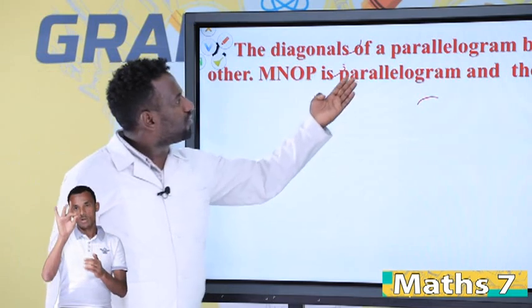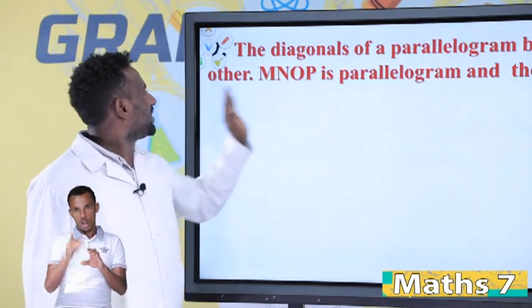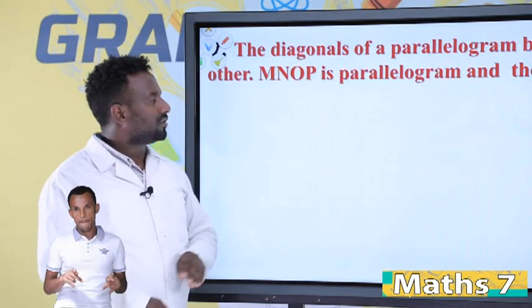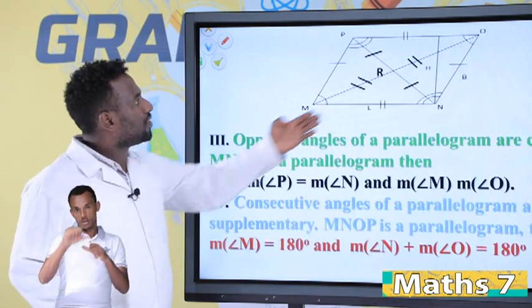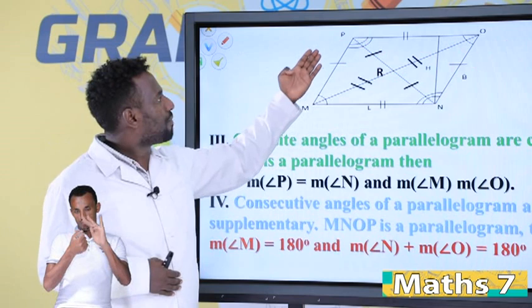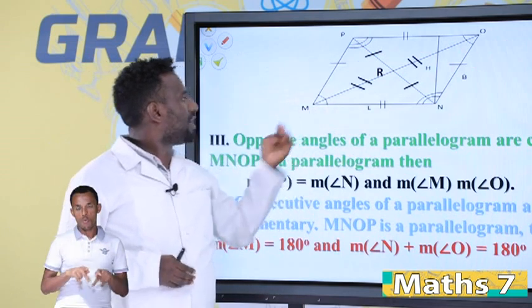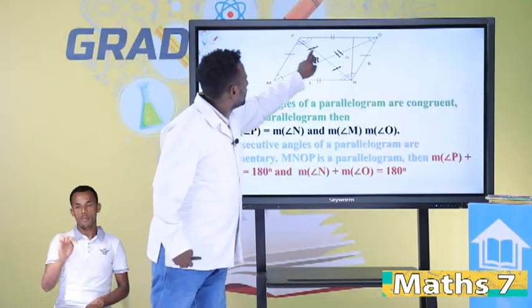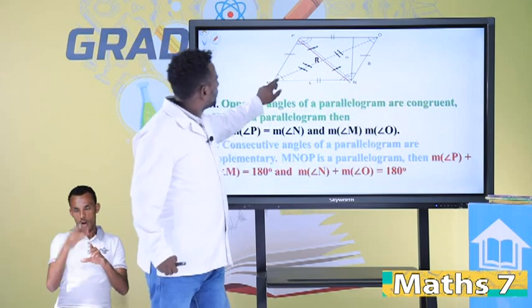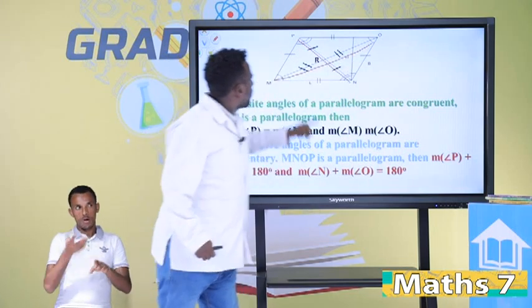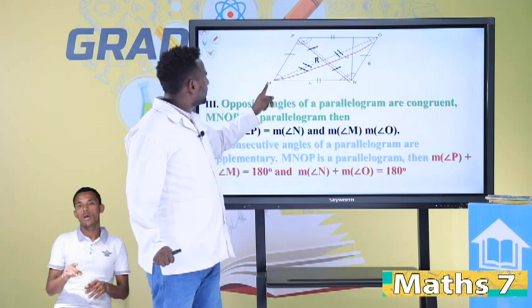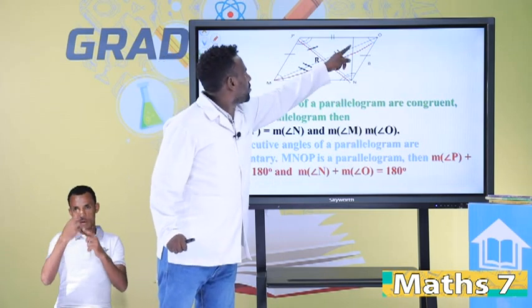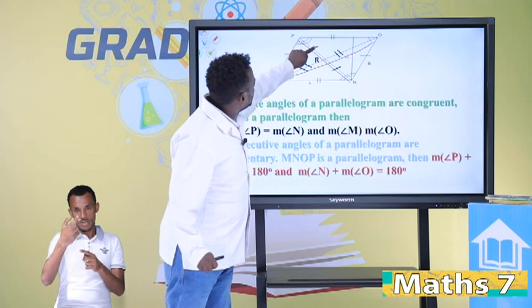The diagonals of a parallelogram bisect each other. You see it on the figure of parallelogram PONM. This is a diagonal of the parallelogram, and also this is a diagonal of the parallelogram. The diagonal PN bisects the diagonal MO, and they bisect each other equally.